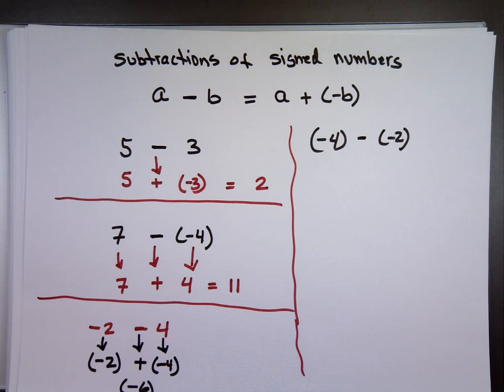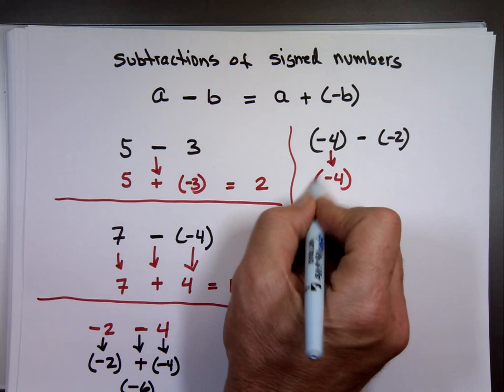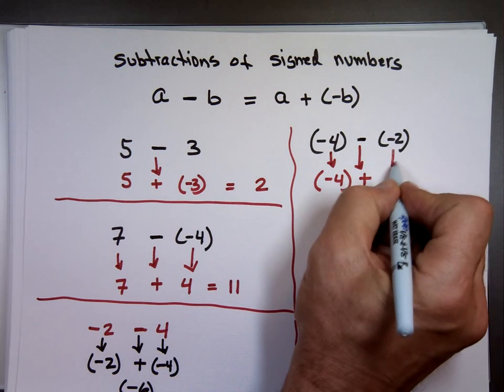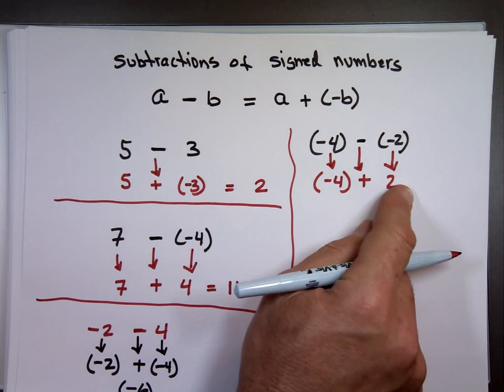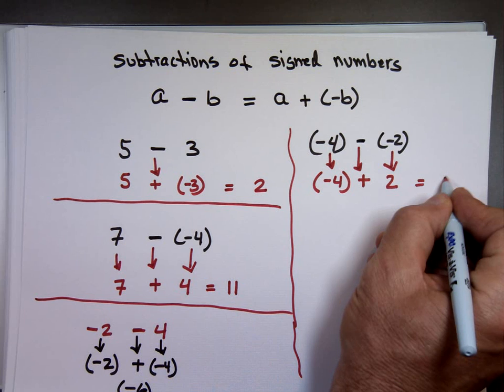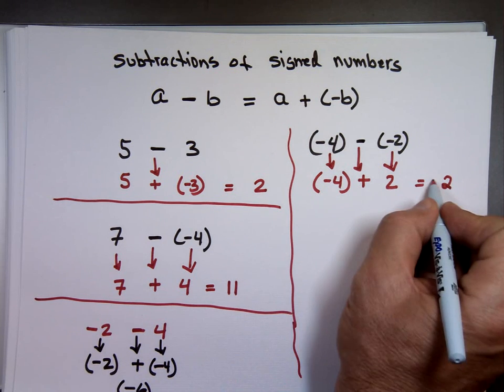Let's see. Leave the first one alone. This becomes a plus. And what's the opposite of negative 2? 2. Opposite signs. Subtract the smaller from the larger. 2 from 4, which is what? 2, and what's the sign of the larger? Absolute value larger. Negative.